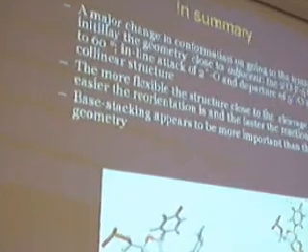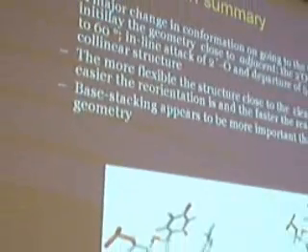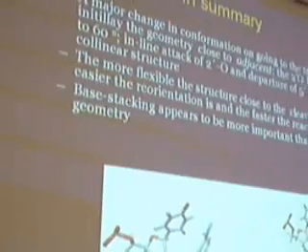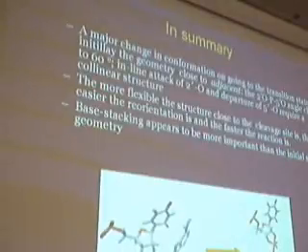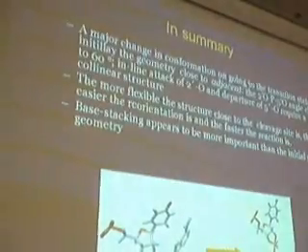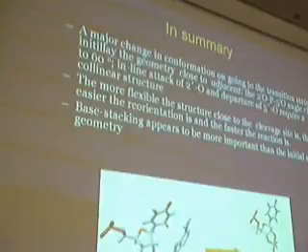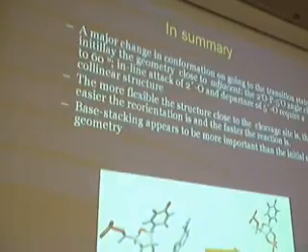So in summary, there is a major change in conformation when the cleavage takes place, and it seems that the more flexible the structure close to the cleavage site is, the easier the reorientation is and the faster the reaction is. And the base stacking appears to be more important than the initial state geometry.